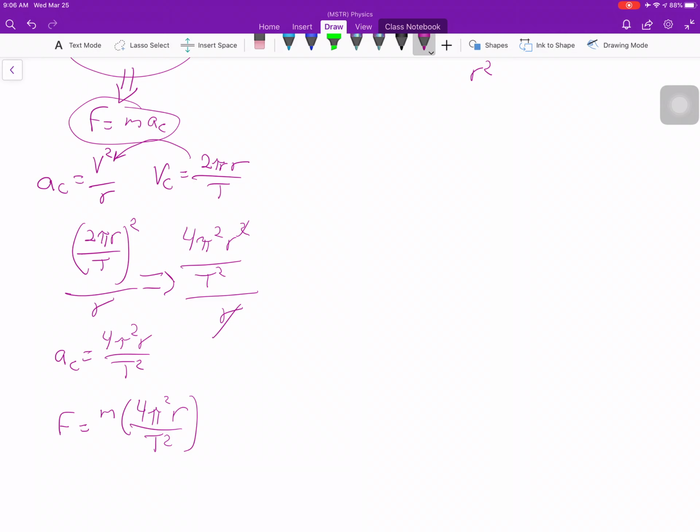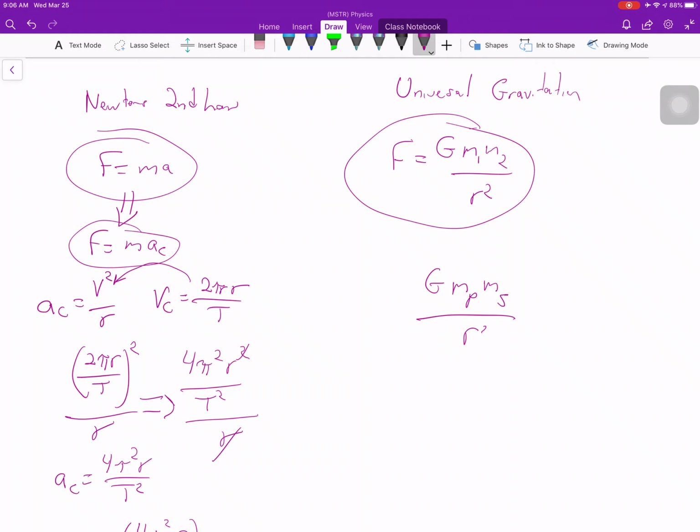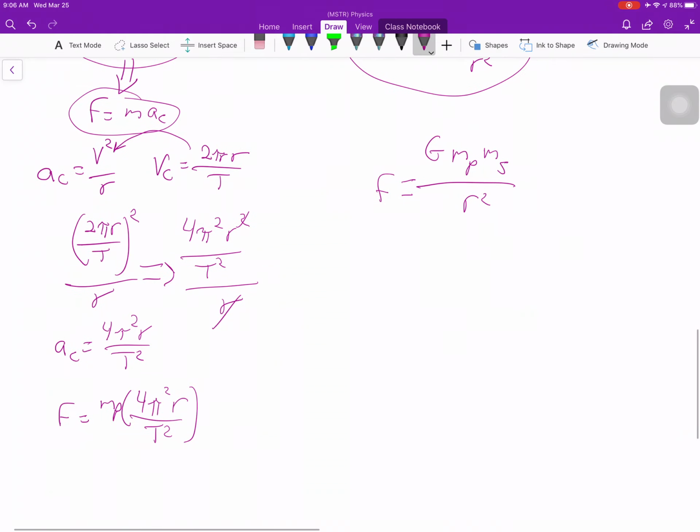In most of these cases, we're going to be talking about planets moving about the sun. So this would be the mass of a planet. When we go back over here and we talk about this formula, we'll talk about the gravitational constant, the mass of a planet, and since we're orbiting around the sun, the mass of the sun and the distance they are apart.